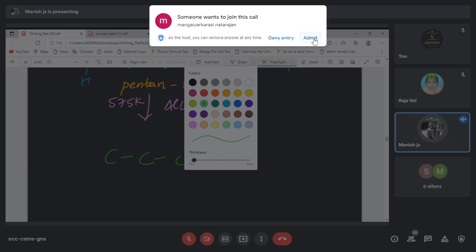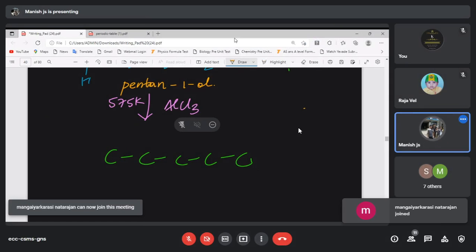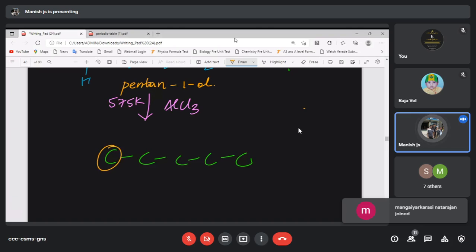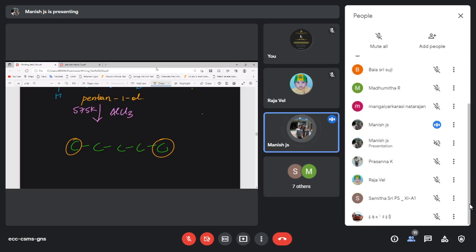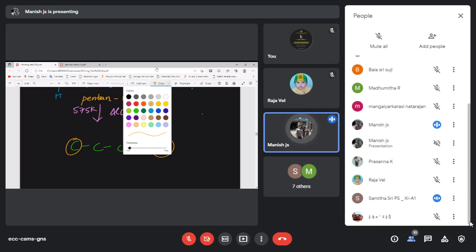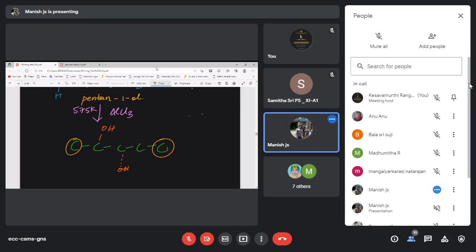The OH group has to be substituted in the middle. Leave the terminal carbons, the first carbon and the last carbon, and you can substitute it in any of these 3 carbons. So what are the possibilities of products? Either you can have pentan-2-ol, or you can have pentan-3-ol also.